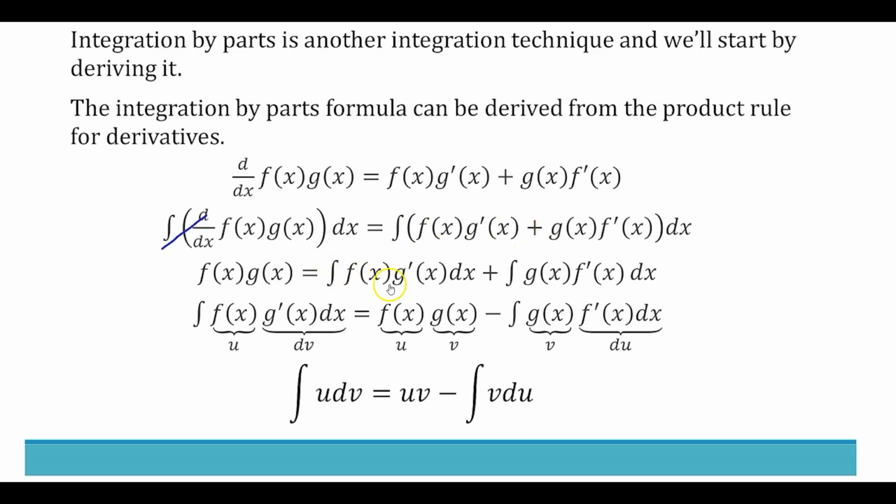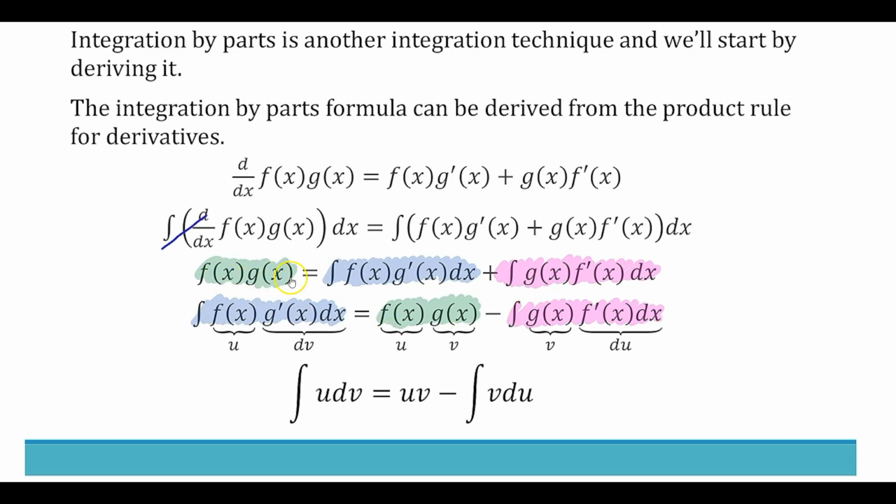So here I have the integral of the first part, f g prime, plus the integral of g f prime of x dx. And from here, we're just going to do a little bit of rearranging. So if we color code things, maybe it will help us see what's happening. So the integral of g of x times f prime of x, we're going to go ahead and subtract that to the other side.